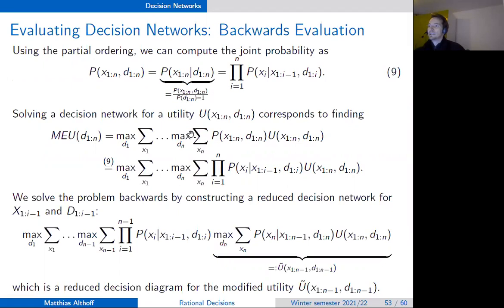So here what we did is we just replaced the joint probability with this formula coming from the chain rule. And so what we just did is we looked at the last case when we maximized dn, and we separated it from the remaining formula.